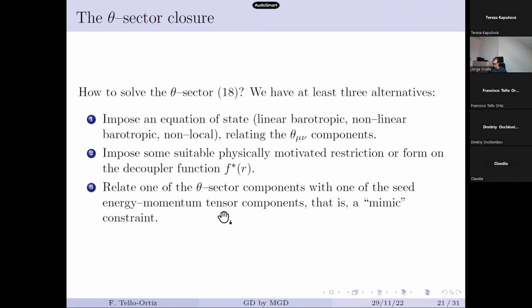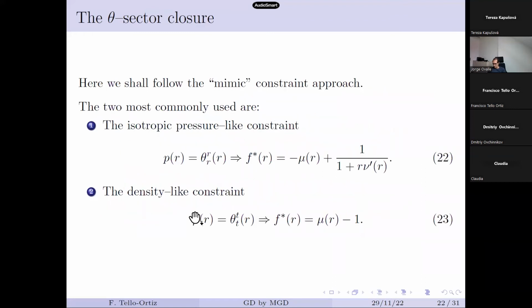But I have decided to put this as a third option because in this case, you are trying, as the constraints say, to mimic; you are trying to restrict one of the components of the theta sector to have the same behavior as one of the components, for example, of the original or of the seed energy momentum tensor. Okay.